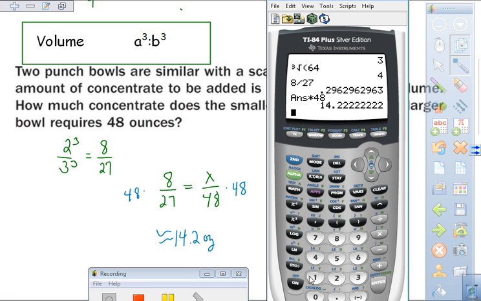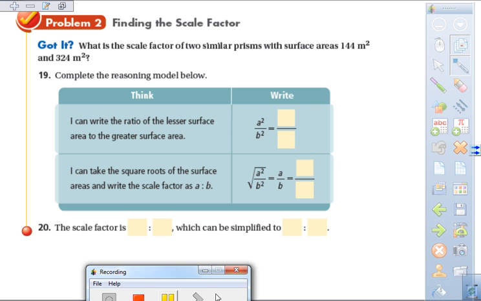On the next slide, we're going to find the scale factor. What is the scale factor of two similar prisms with surface areas of 144 and 324 square meters? Complete the table to help you figure it out. So the ratio of the surface areas are 144 and 324.